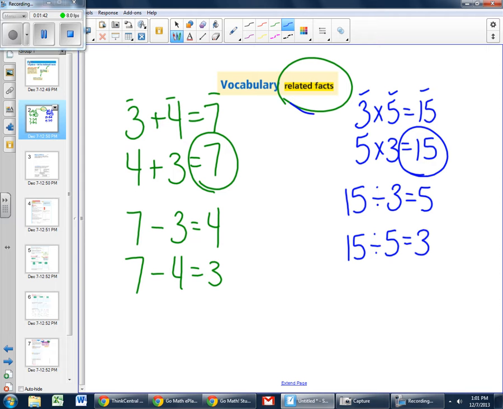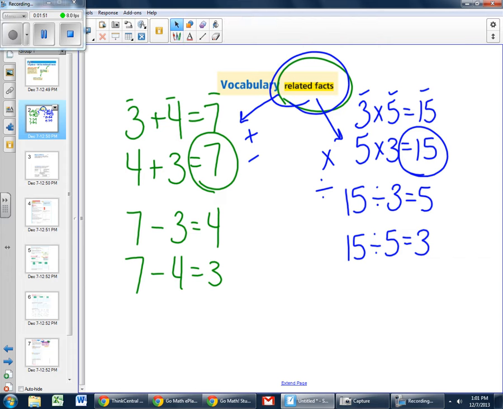So those are your related facts for addition and subtraction, and your related facts for multiplication and division. So that's what our lesson is going to focus on today. That's what you will go back and journal out at the end of how to do that.